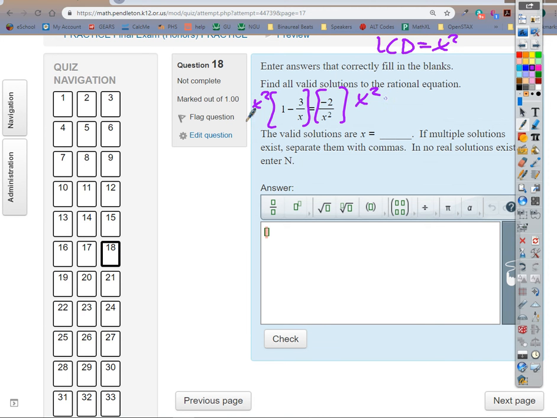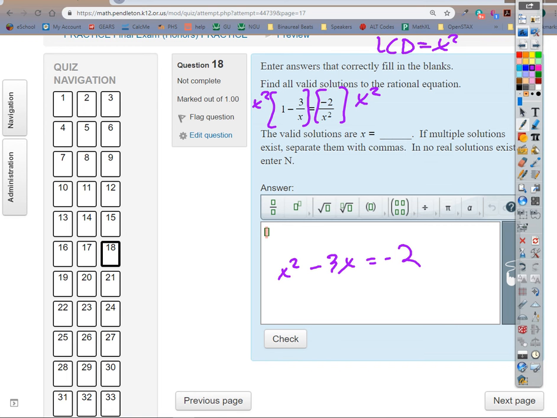What's that going to give me? If I distribute, I'm just going to get x squared minus, so what if I multiply x squared by 3 over x, what am I going to get? Minus 3x, good, because one of the x's is going to cancel, right? And on the other side, the x squareds will cancel, and I get a negative 2.